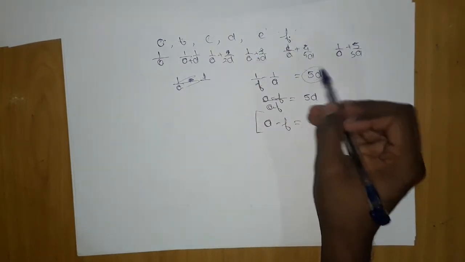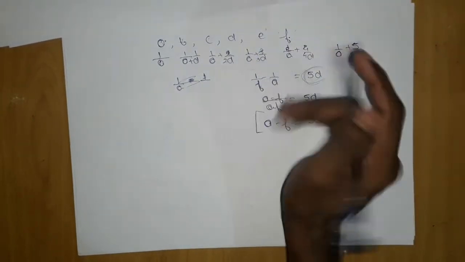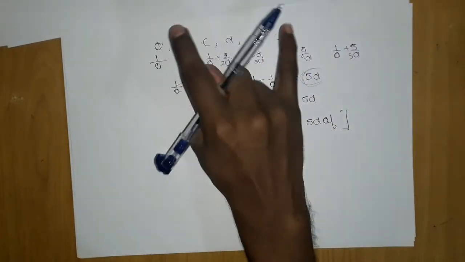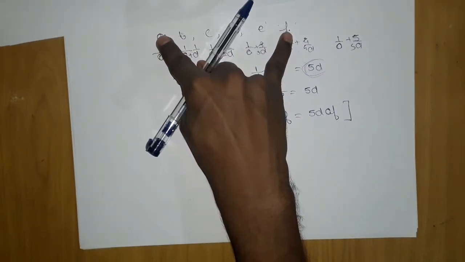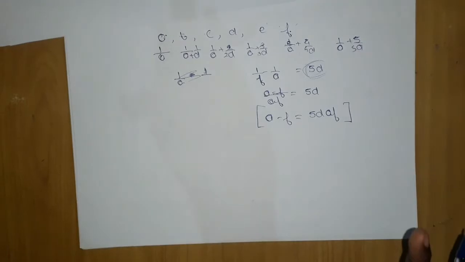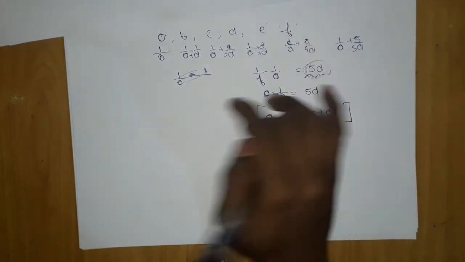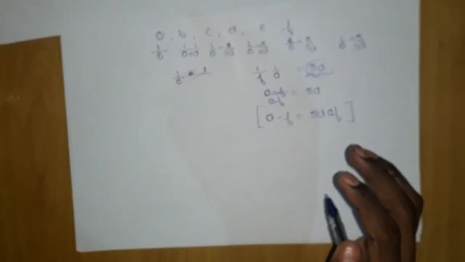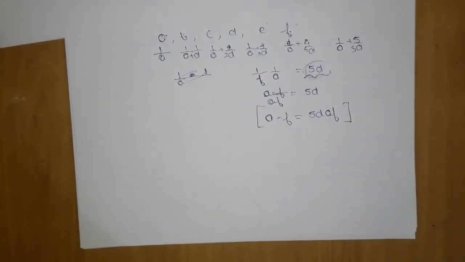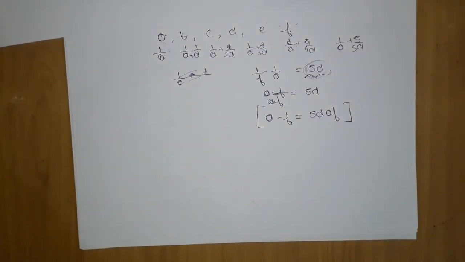So it will be 5 times D, you should know this. So we can write the difference between any two terms, on the condition that you know how many times we should add D to get to that term from the start. If you know this, then I can write the difference as the product like this.